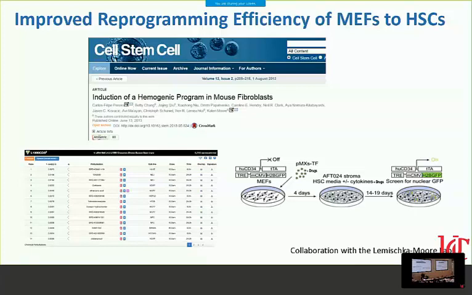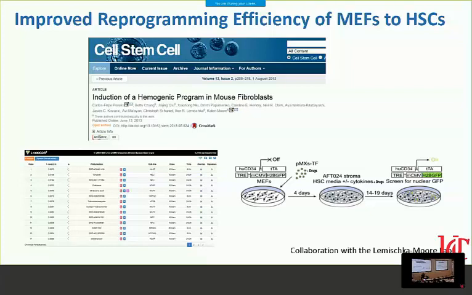So Ihor Lemishka's lab at Mount Sinai published a paper where they showed that if you induce several transcription factors in MEFs and put the cells in the right culture condition, after several weeks you can obtain hematopoietic stem cells, which is a big deal, to actually get hematopoietic stem cells in a dish and be able to reprogram MEFs to hematopoietic stem cells.